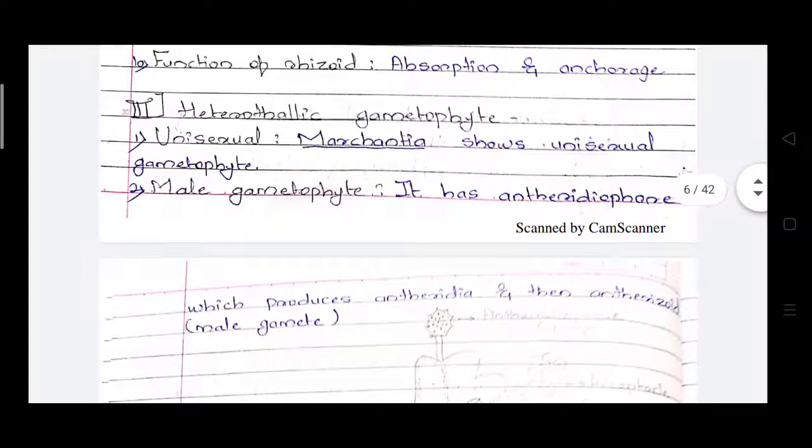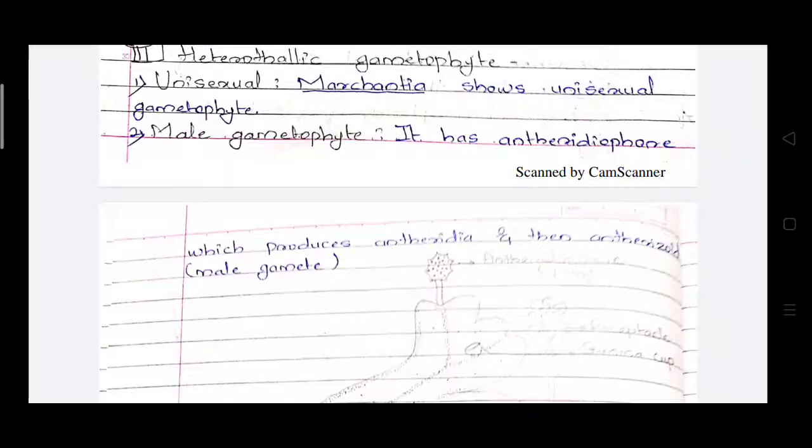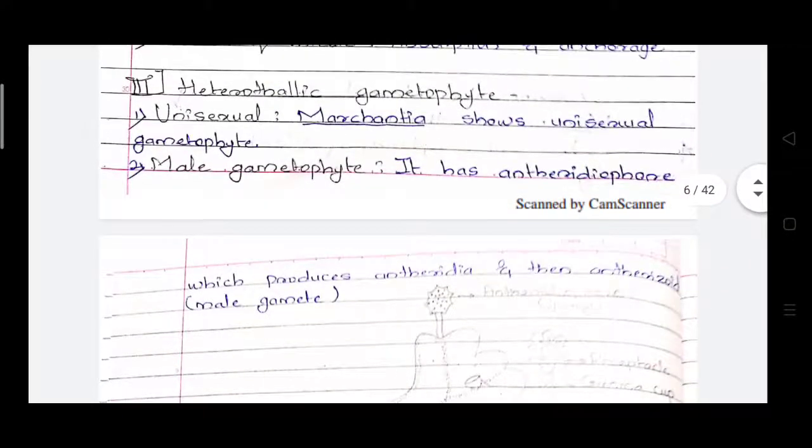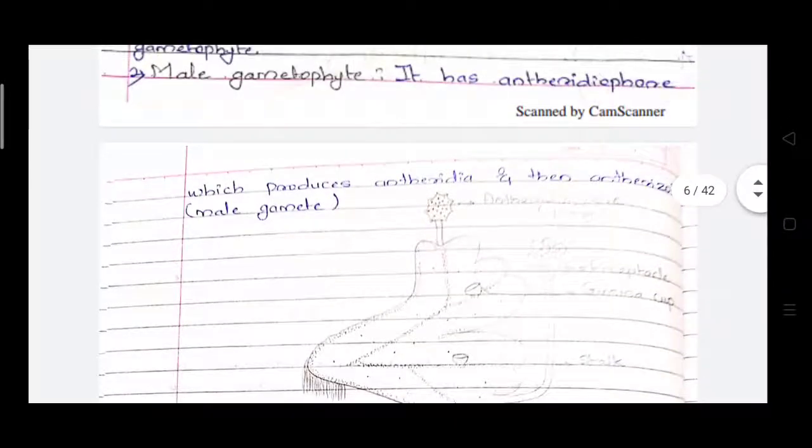Then the next point is the heterothallic gametophyte. Heterothallic means Marchantia shows unisexual gametophytes. Unisexual means both sexes are separate, on different thalli. That means the male sex is on one thallus and the female sex is on a different thallus. The male gametophyte bears the antheridiophore, which produces antheridia and then antherozoids as male gametes.